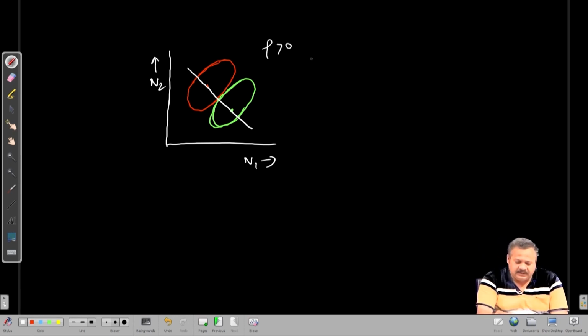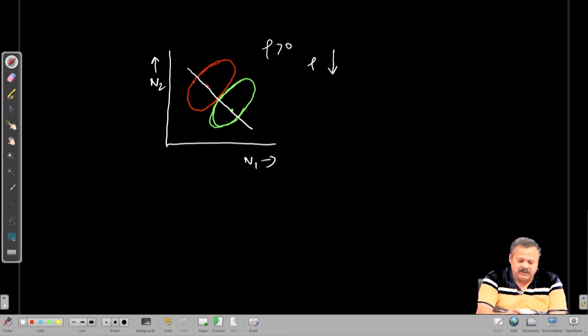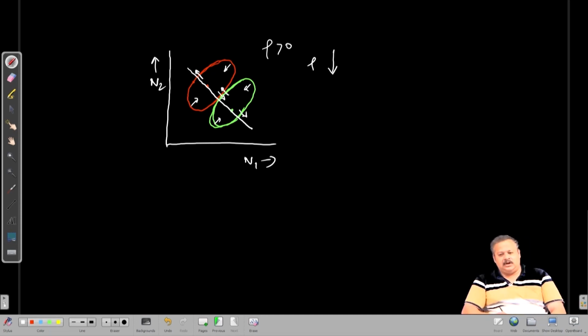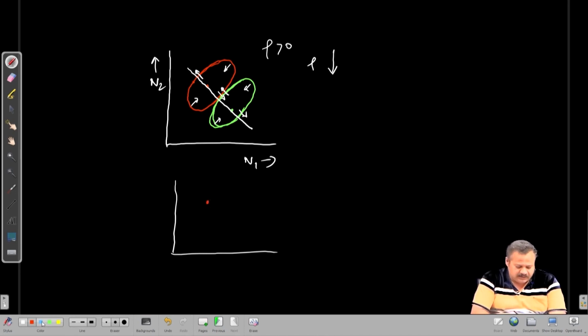Now let us imagine that the noise correlations are being reduced. That is, our rho is going down, from a positive value to perhaps a negative value, or even if it is still positive but reduced, the spread will reduce in this direction and will be made up by an expansion in the orthogonal direction.